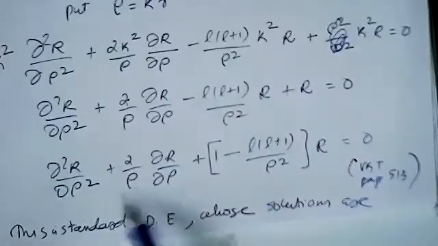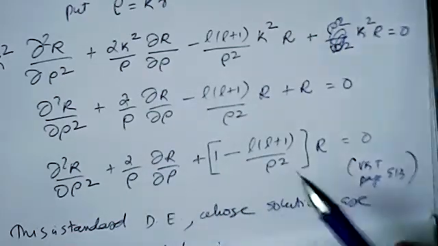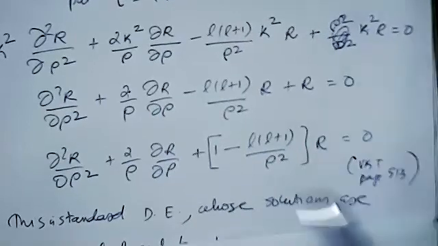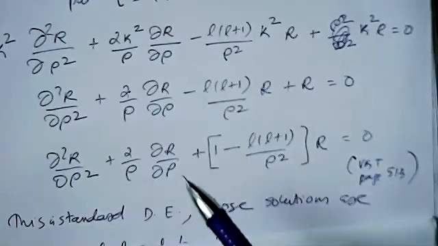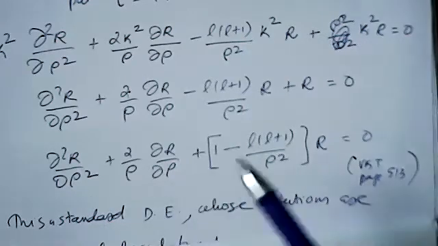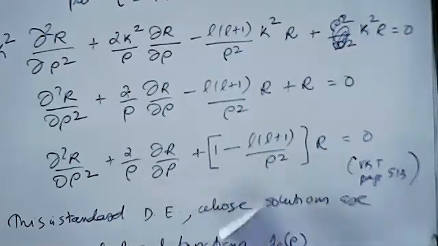Now this is a standard differential equation whose solutions, I think you might have studied in mathematical physics, are nothing but Bessel functions, or this is the Bessel differential equation. There are two solutions possible.